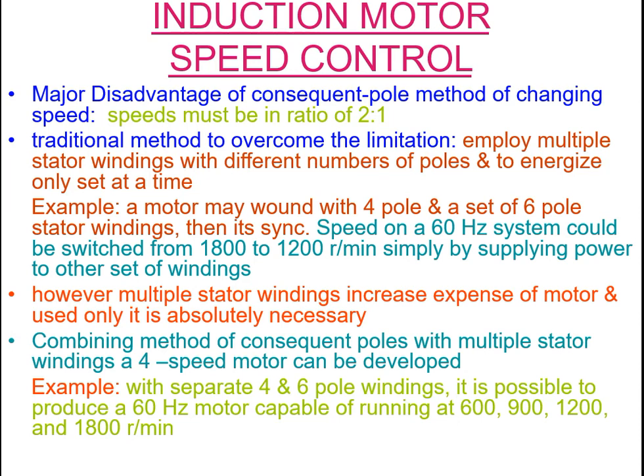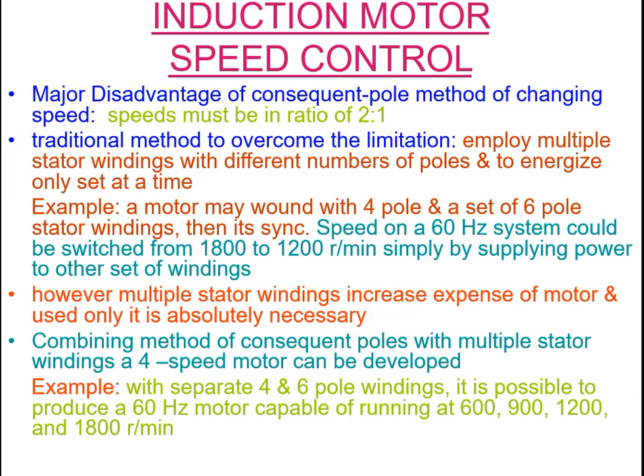For example, consider a motor with a 4 pole and a set of 6 pole stator windings. Then its synchronous speed in a 60 Hz system would be switched between 1800 and 1200 rpm when we go for 4 pole and 6 pole.